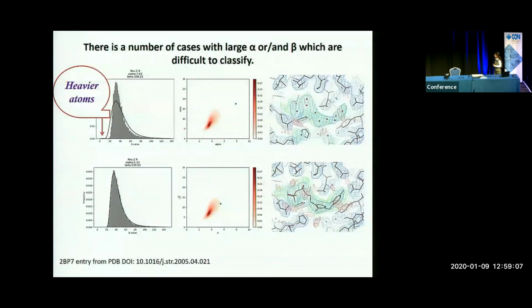Further analysis of the map showed that these molecules and ions are present in the crystal. After a few rounds of model building and rebuilding, the values of R and R-free decreased.